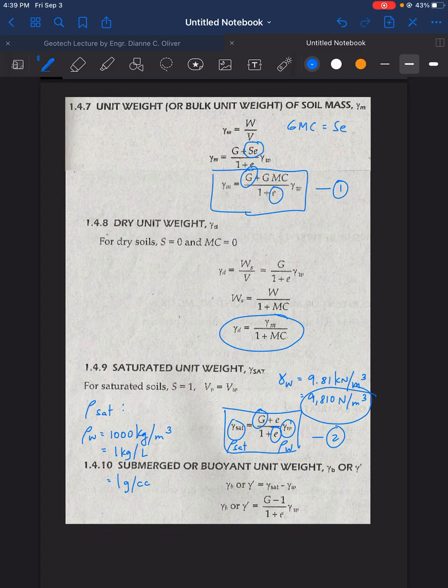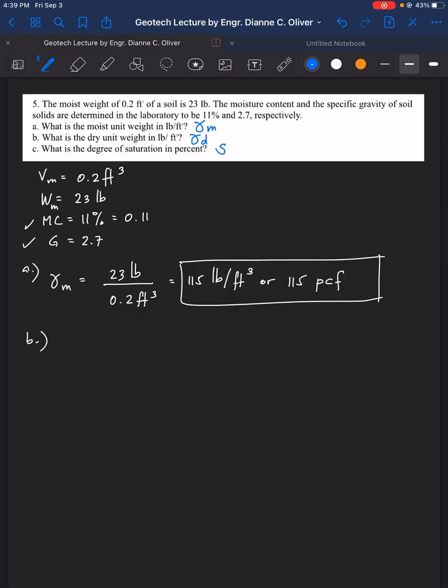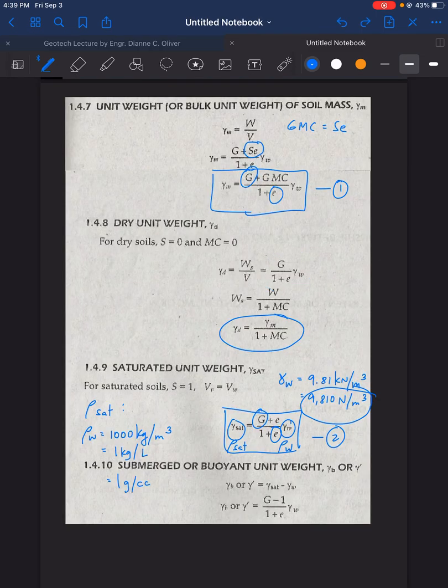Or you can use G over 1 plus E gamma W, but there's no E here, so you can use this one.